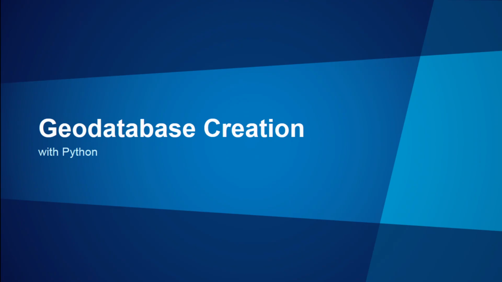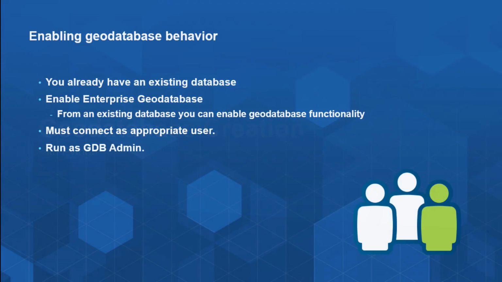So that concludes the first section. The next section we're going to talk about is geodatabase creation. There are two ways using Python that you can create enterprise geodatabases. The first is to enable geodatabase behavior in an existing database. You would do this in the case where you already have a database. Maybe you've already loaded data into the database.